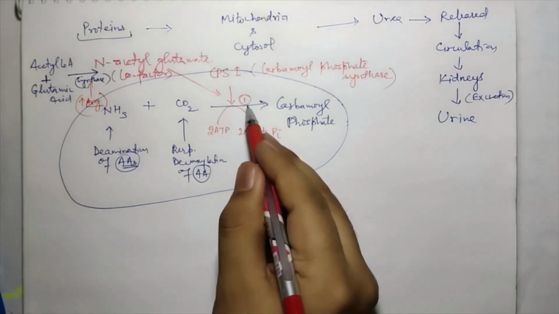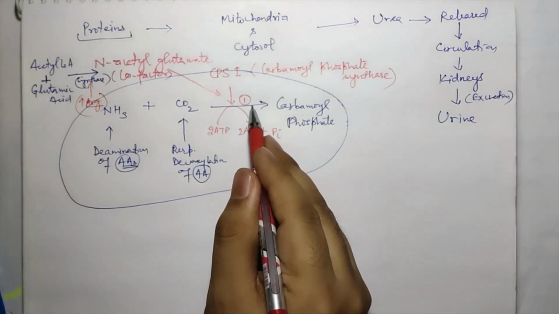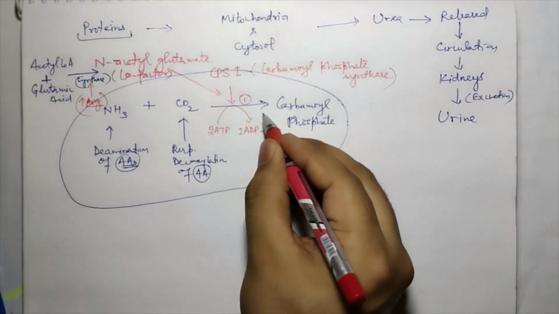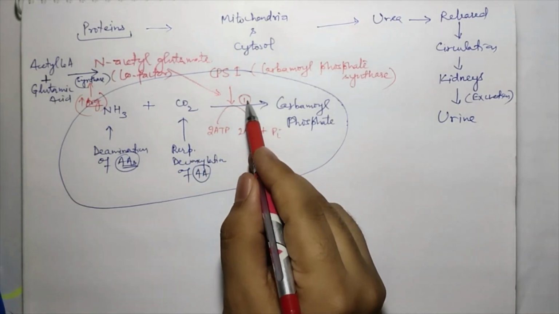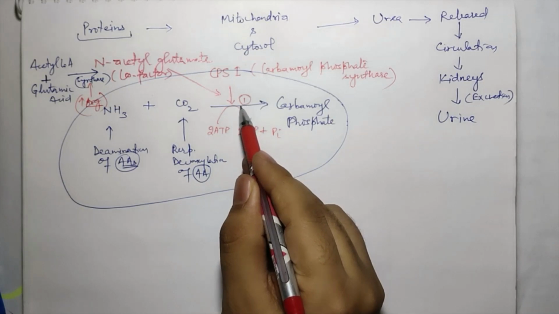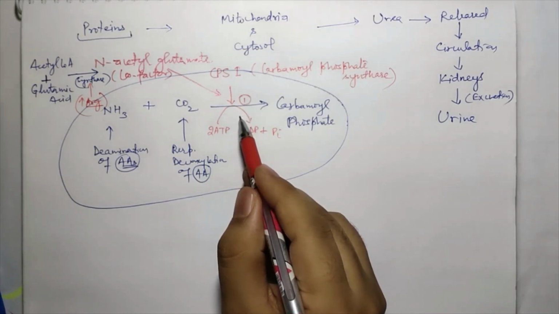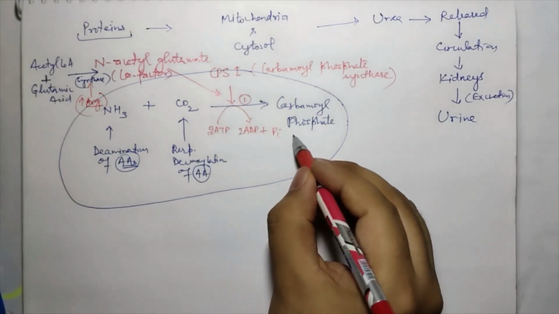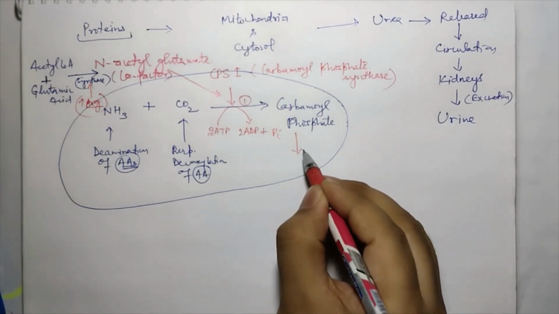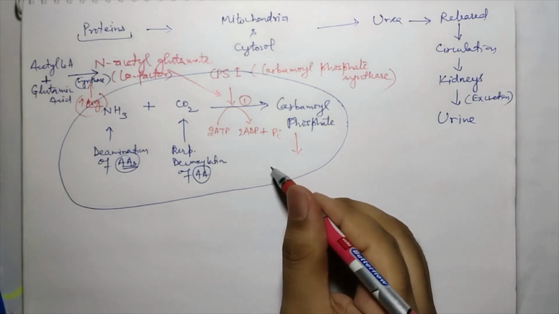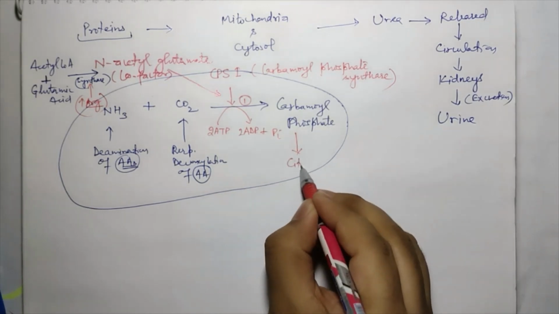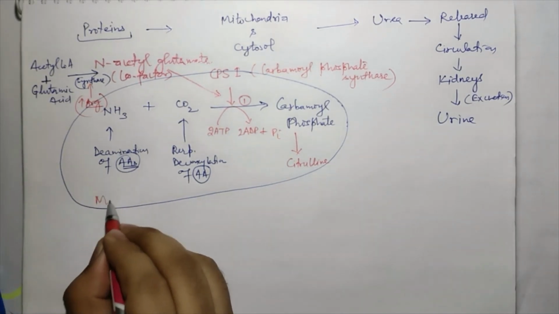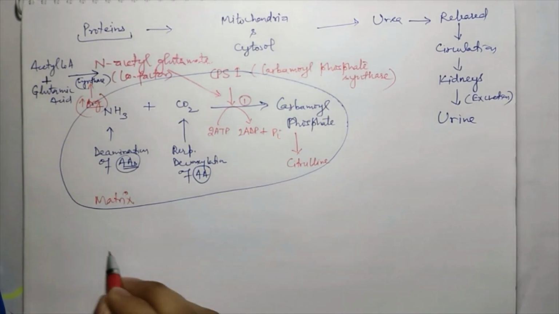This is the first step of this reaction, and it is a rate limiting step and it is irreversible. And then subsequently this carbamyl phosphate is fixed into citrulline within the matrix. This is the matrix and this is the cytosol.